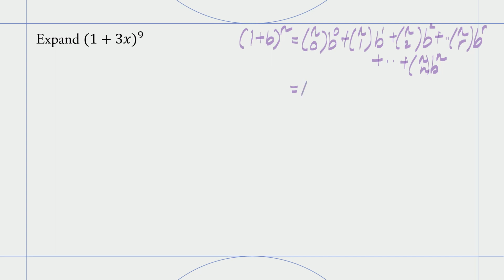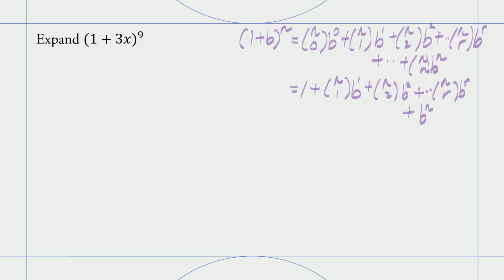So the first term is just 1, and the second term is nC1 b to the power 1, nC2 b squared, the general term is nCr b^r, and the last term will be, because nCn gives you 1 also, b to the power n.